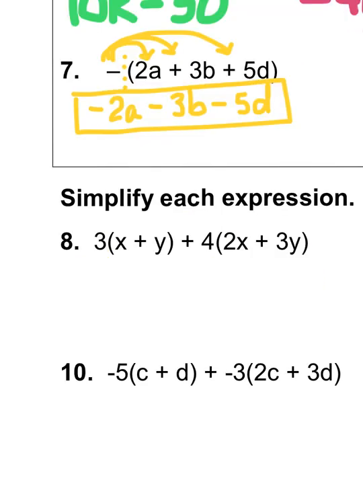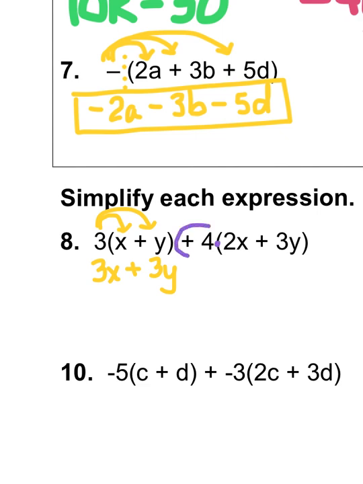Now let's simplify each expression. Before we can simplify, we must distribute. So we'll first distribute the term. 3 times x is 3x, and then 3 times y is 3y. Then we have this 4. Notice that it's being multiplied.